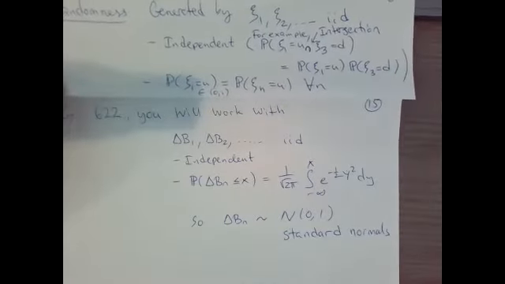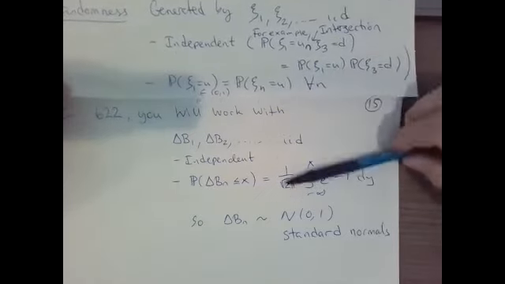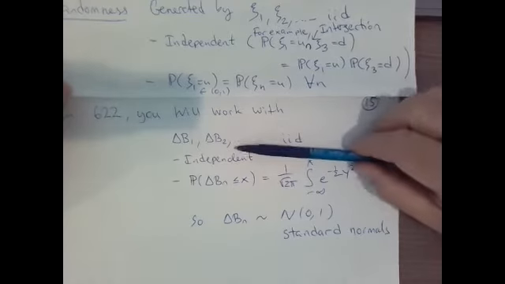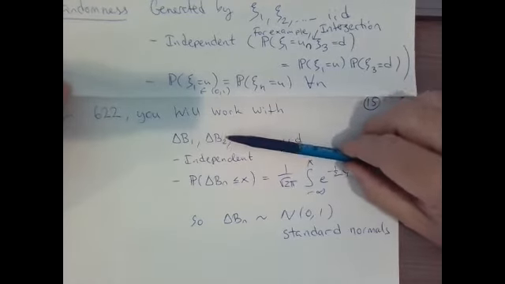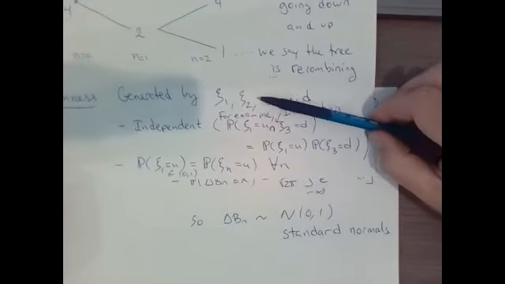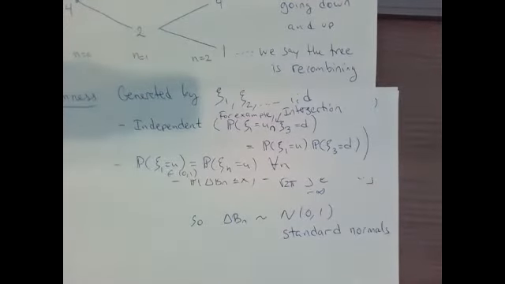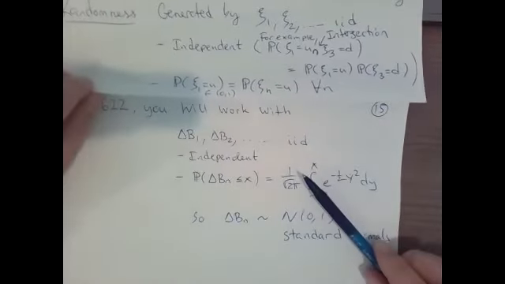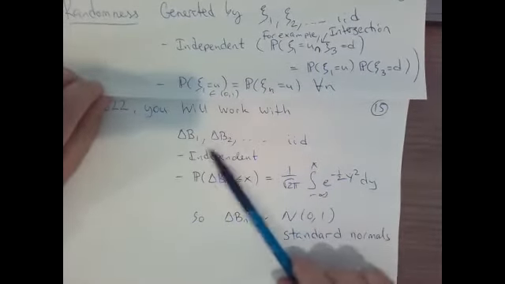So what we're doing in this class is that our binomial model is not going to be based on these delta B's. We're going to be working with these psi's. There will be some homeworks from time to time where we will be using these Gaussian distributions. We will also be working with a sequence of these.